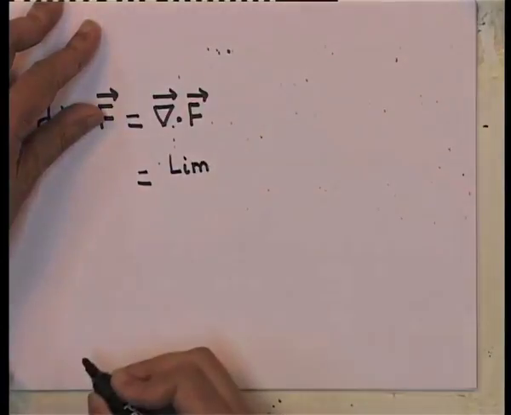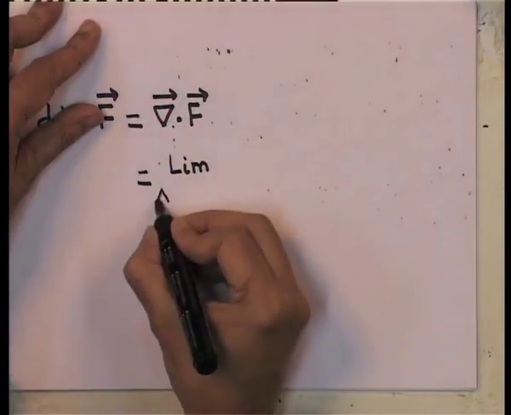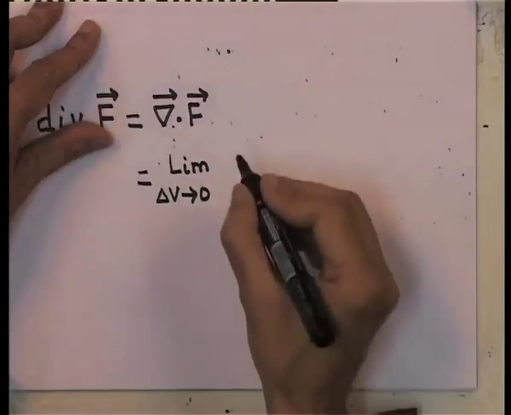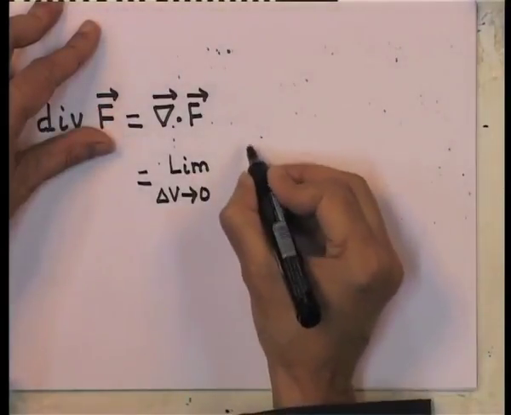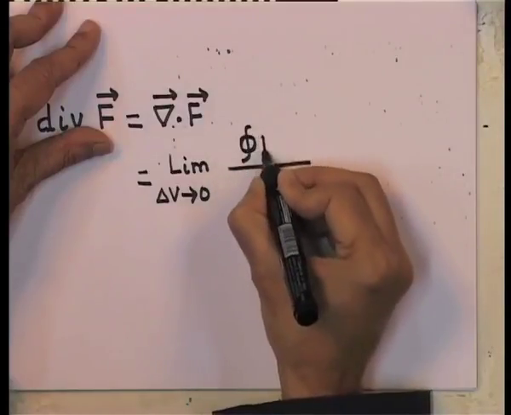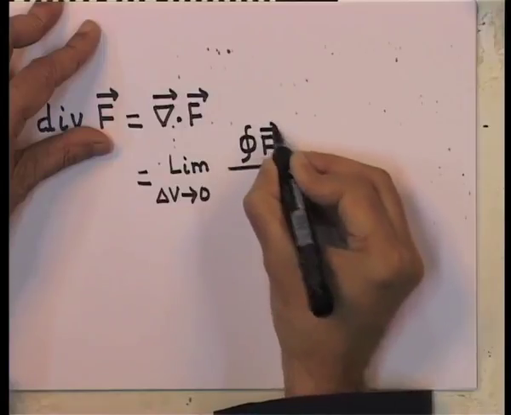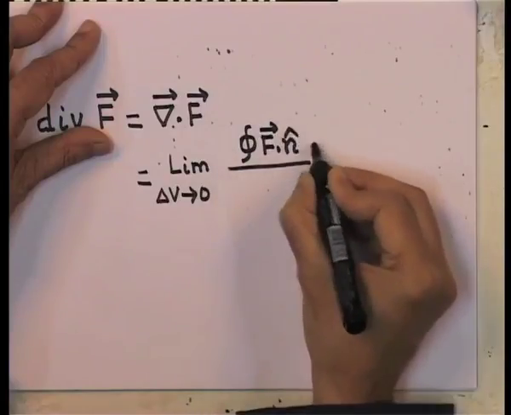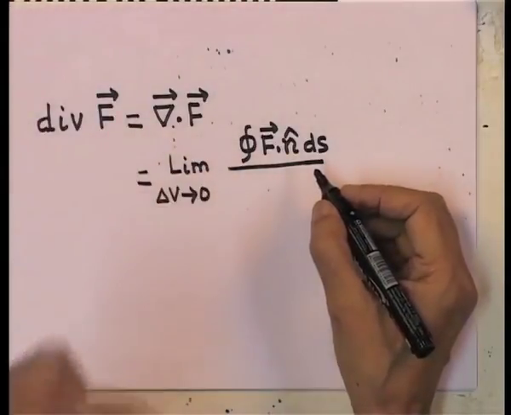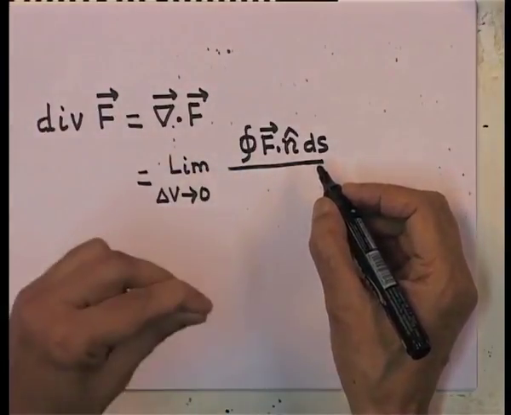So, I define del dot F as the limit of delta v going to 0 of the surface integral of F dot n dS. So, I have taken a closed volume, a very small closed volume at the point where I am computing the divergence of F.